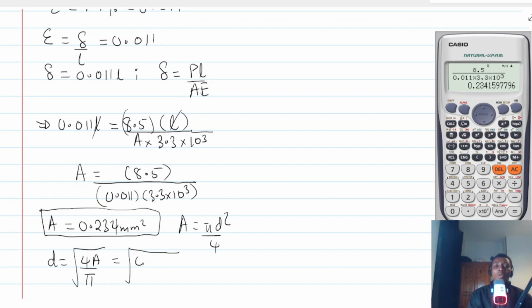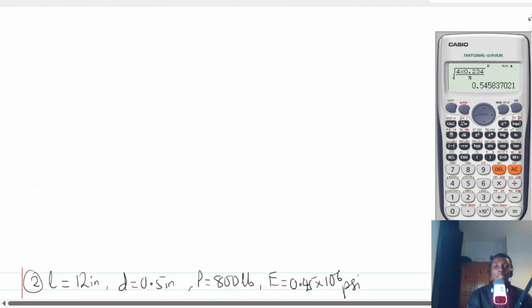So it will be the square root of 4 multiplied by 0.234 divided by pi. And this will give us 0.546. So let's say 0.55 millimeters. Okay, so that is the diameter.